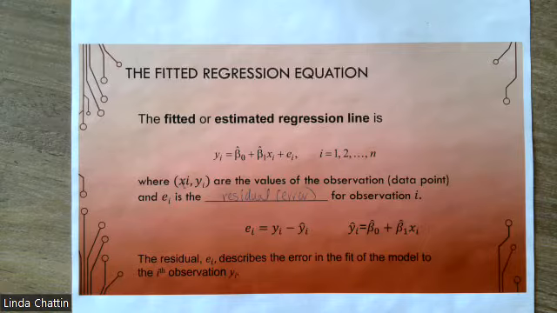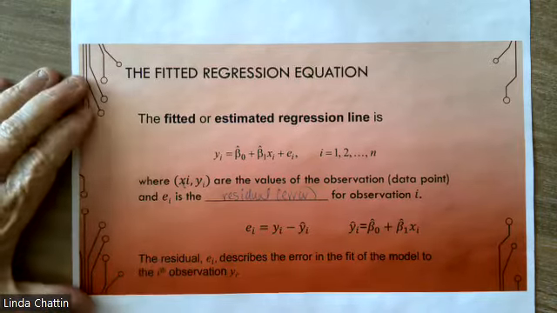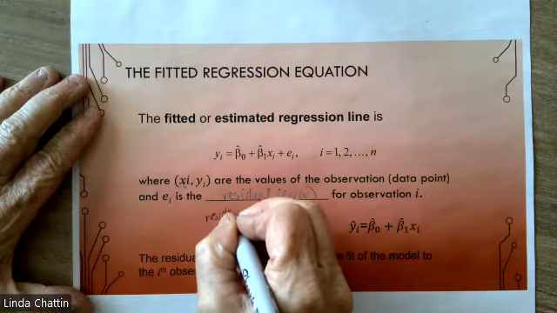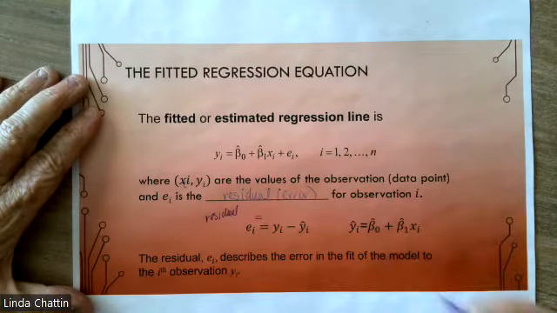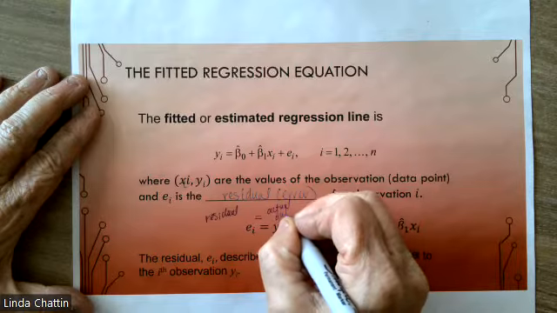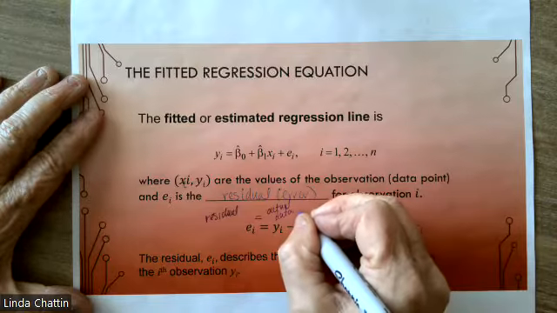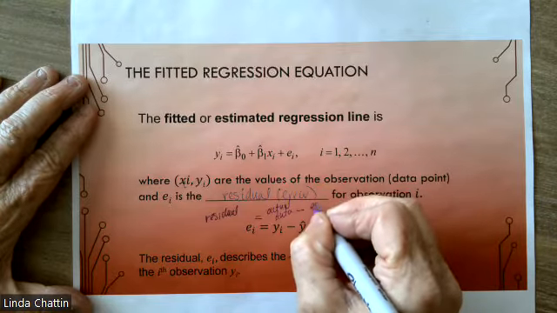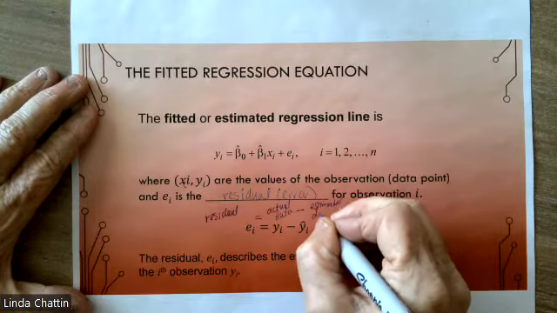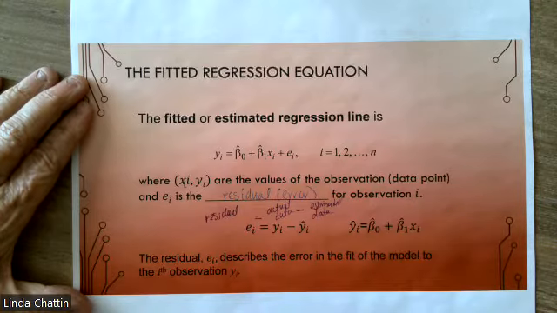And this is going to play a pretty important role in both chapter 11 and chapter 12. Let me write this equation in words. So the residual equals the actual data point y that we see minus the estimated data from the model.